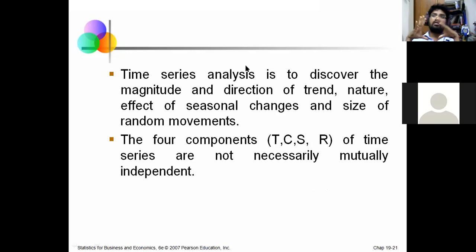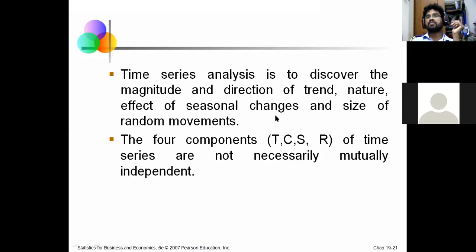So these are called the components of time series analysis. This is very important, because sometimes they will ask what is meant by time series and what are the components of time series analysis. Time series analysis is to discover magnitude and direction: how much change there is, and what the direction of the trend is, positive or negative.